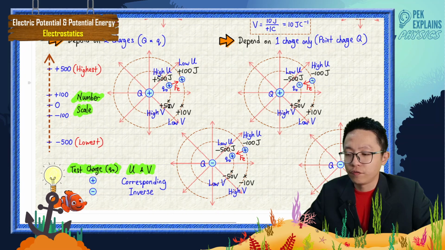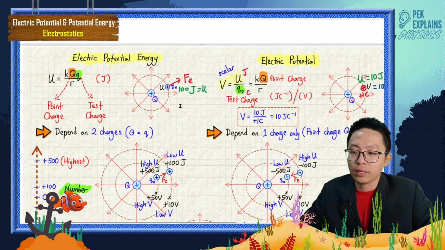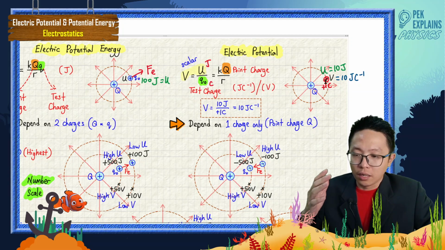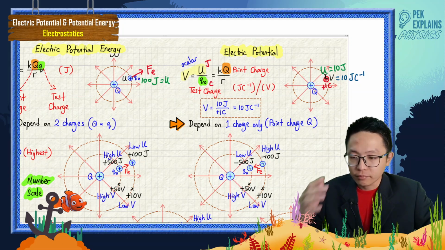And then this 50 volt and 10 volt is without the test charge, just the point. Yeah, just the point, because we know that potential only depends on one charge, which is the point charge. Potential only depends on the point charge. So even though we don't have any test charge, we can say the potential is still there.